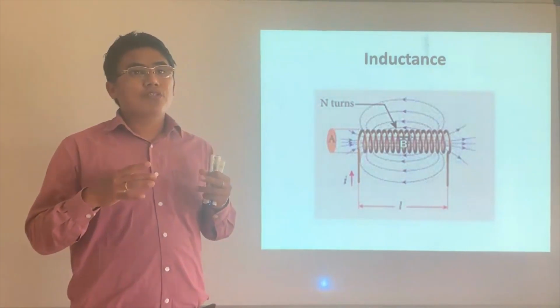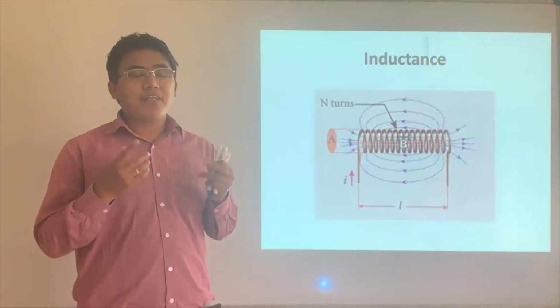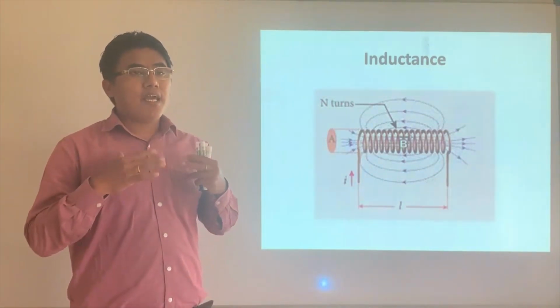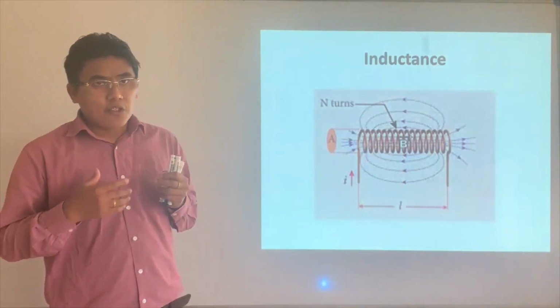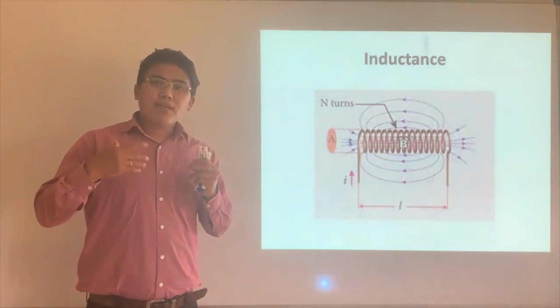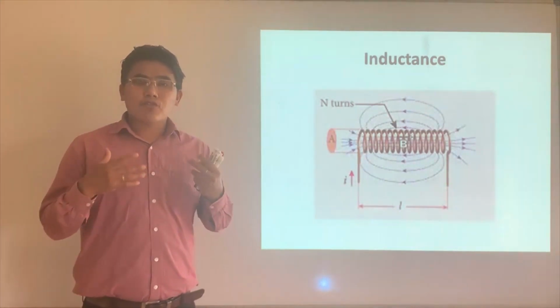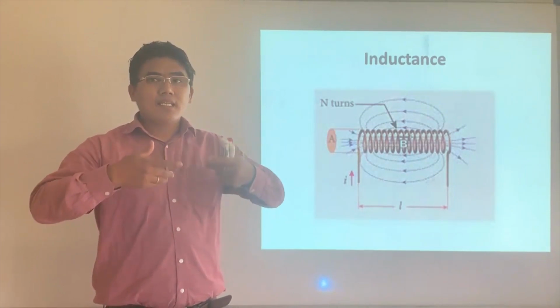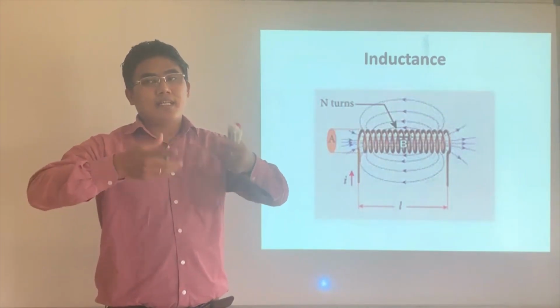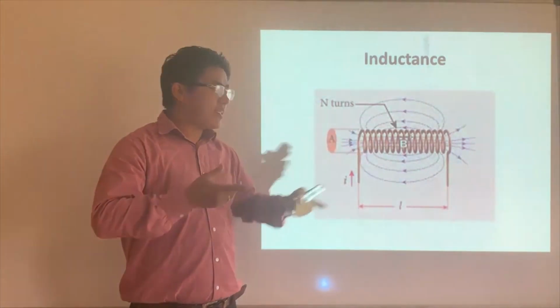When we talk about a solenoid, having current in a solenoid, the current in a solenoid gives some magnetic fields, right? So the magnetic field produced by one solenoid is linked to the solenoid itself.